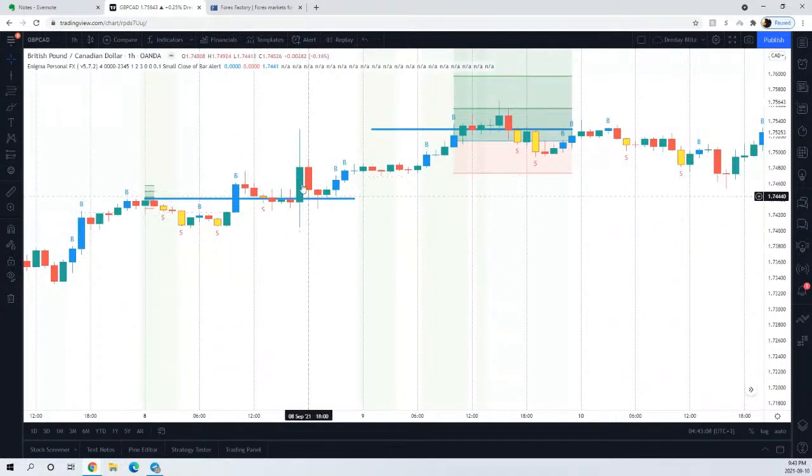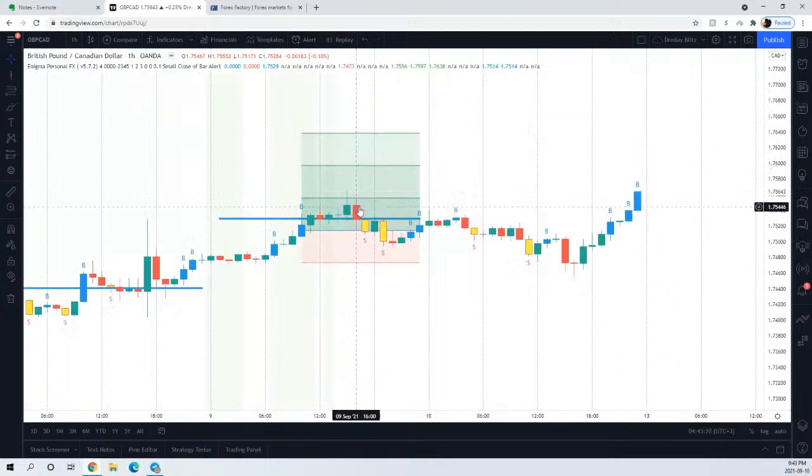Then there was news, the CAD news that I was talking about, that moved the market. They gave you an entry here. It took TP1. That's a TP1 right there.